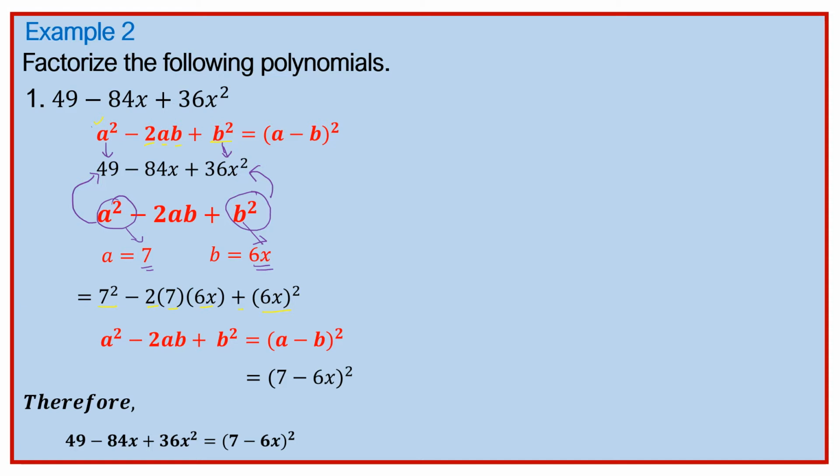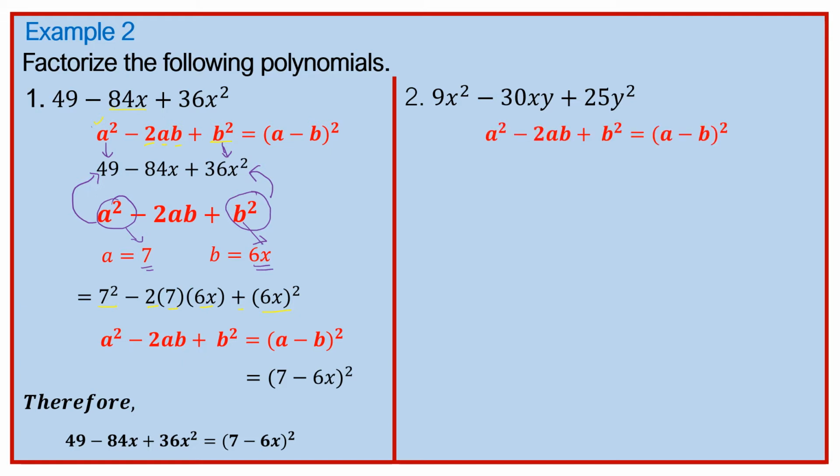Okay? Actually, you can also note that 2 times 7 is 14, and 14 times 6x is 84x. Okay? So let us get another example: 9x squared minus 30xy plus 25y squared.